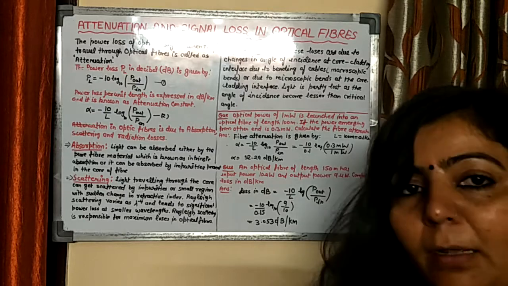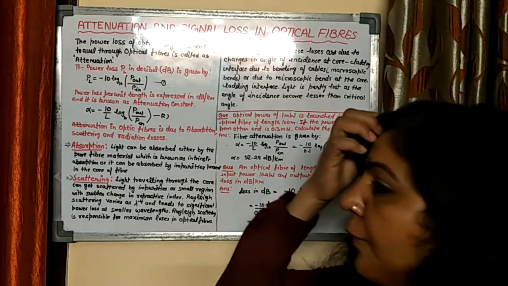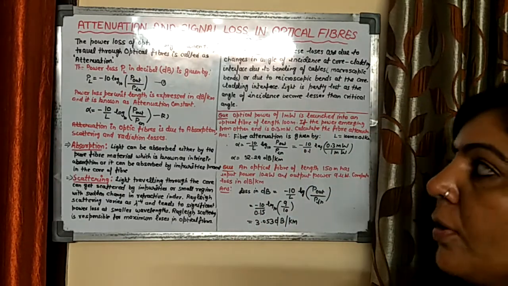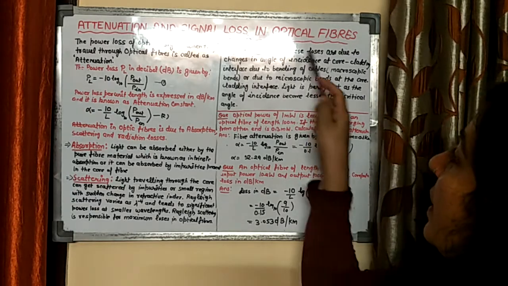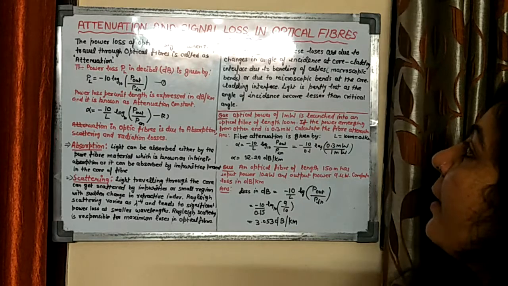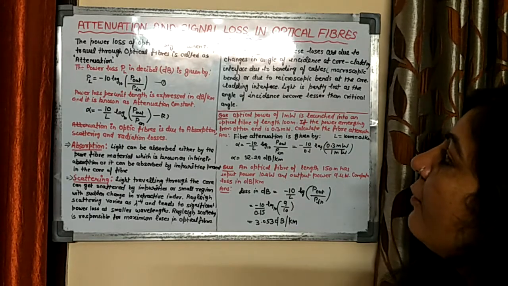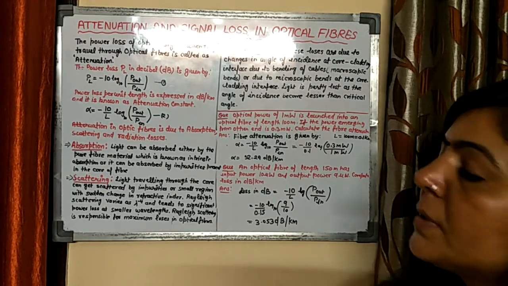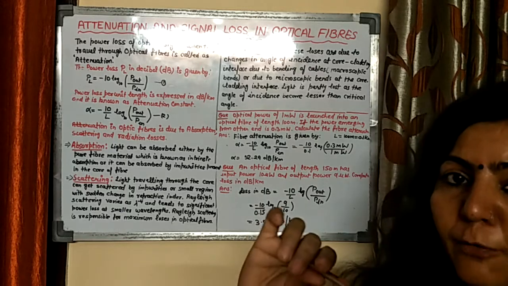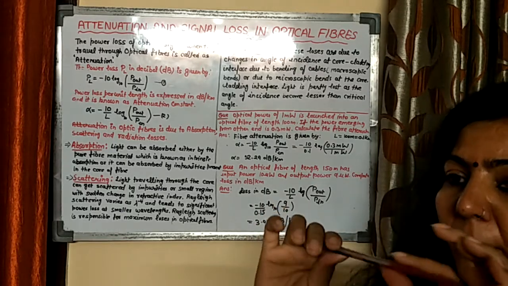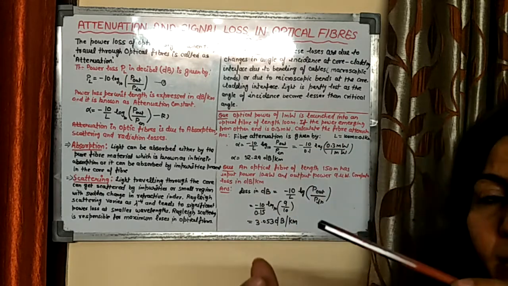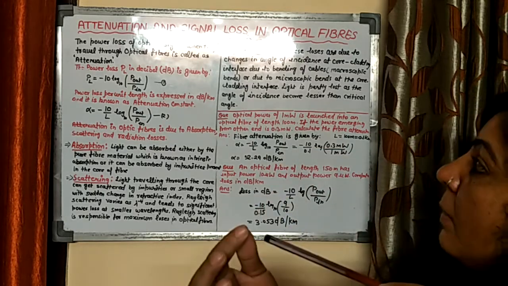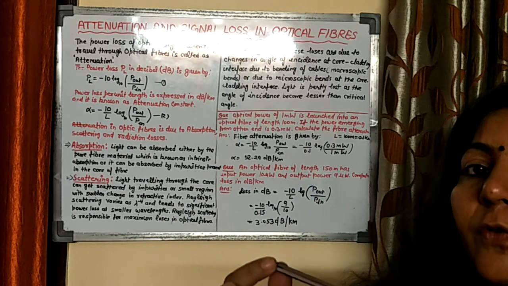There is one more factor which is known as radiation loss, which is responsible for signal losses. These losses are due to change in angle of incidence at the core-cladding interface due to bending of cables. If you have an optical fiber and it is bent at a certain point, then at that point there will be a change in angle of incidence.